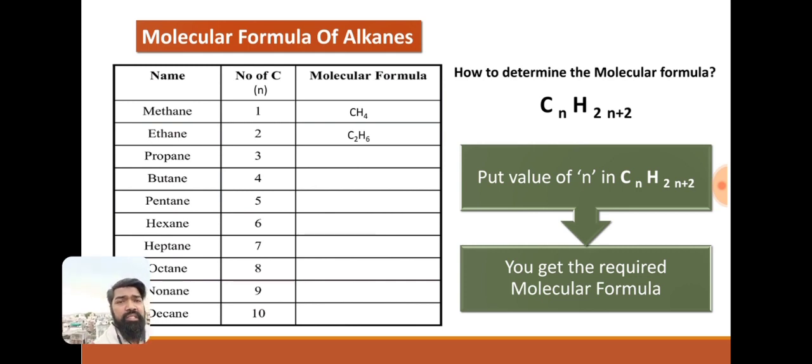If the number of carbon is 2, as in the ethane molecule, n is 2, so C2H(2×2+2), that is 2 plus 2 is 4 and 4 plus 2 is 6, so the ethane molecule is C2H6. The rest you can calculate on your own. Just practice it. Practice makes a man perfect.